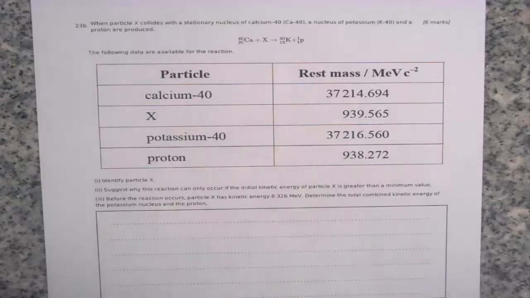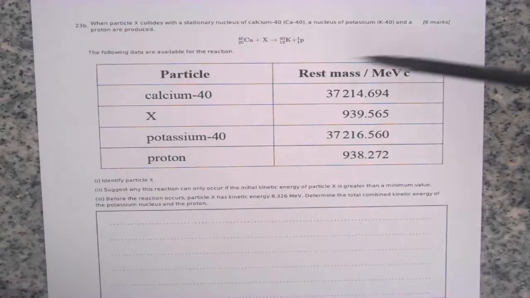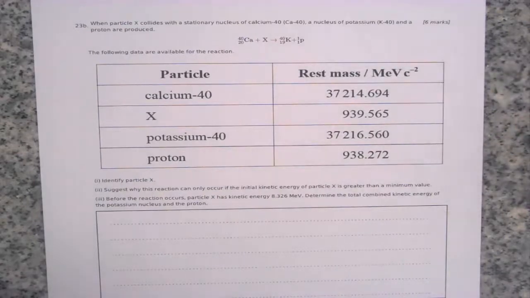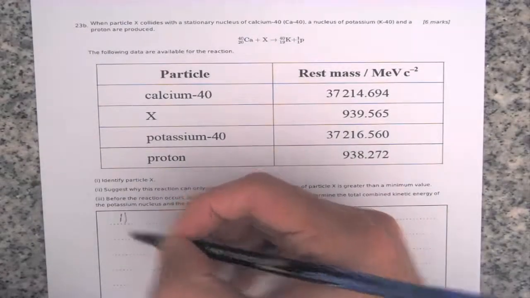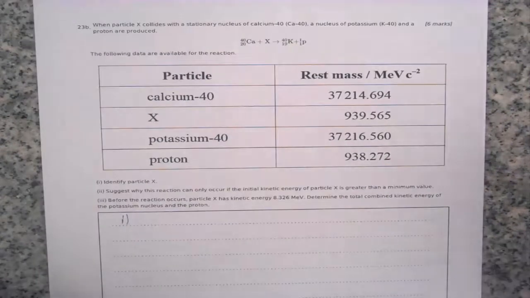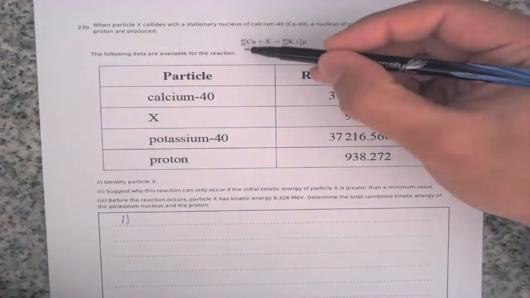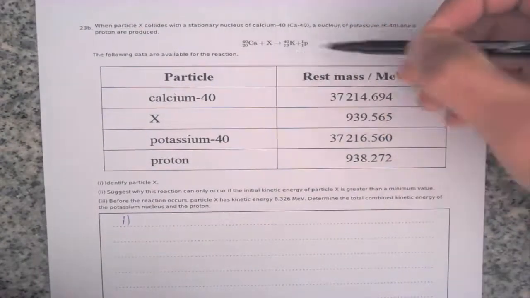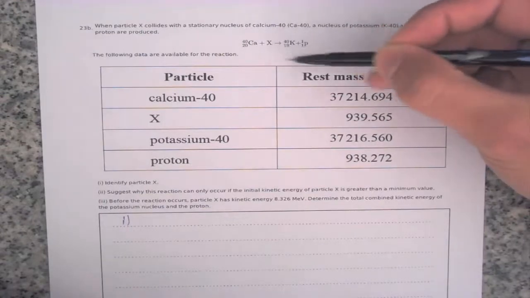So 23B says, when particle X collides with a stationary nucleus of calcium-40, a nucleus of potassium and a proton are produced. The following data are available, the rest mass of each particle. Number 1 says, identify particle X. Of course, we can take a look at the nucleon number and the proton number of the particles here.